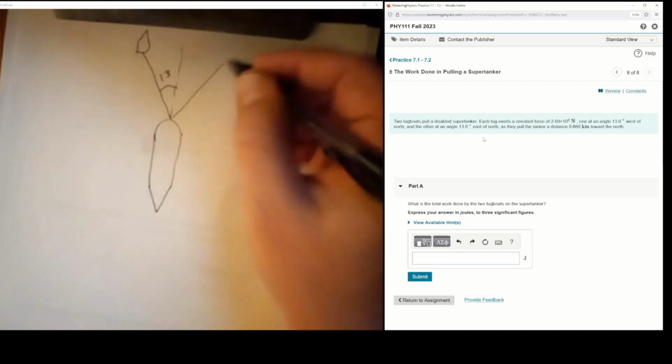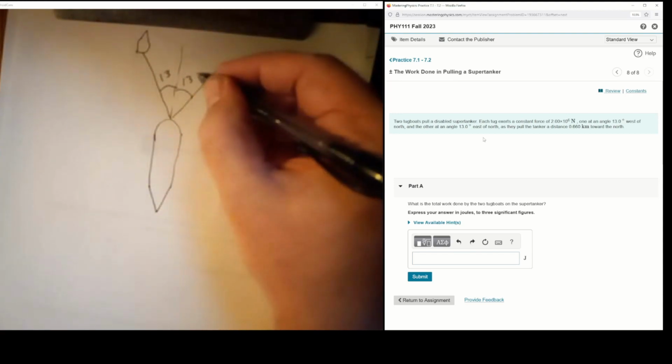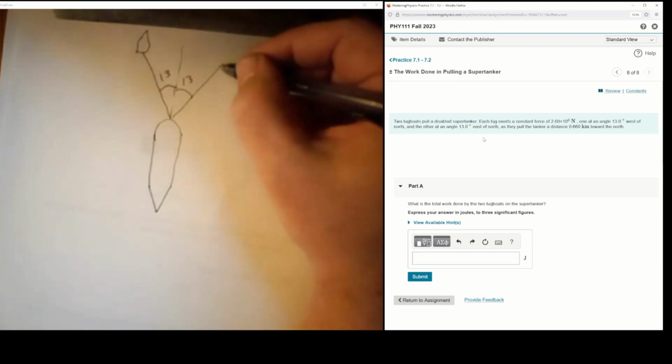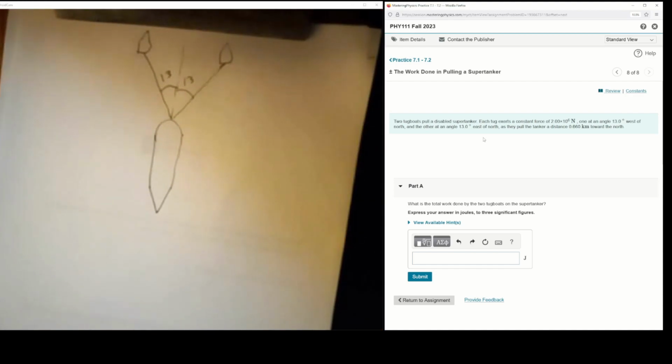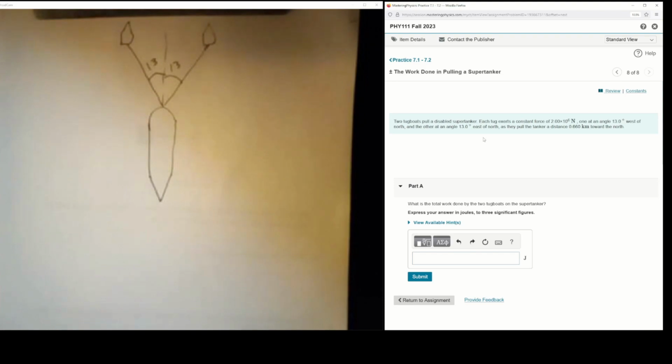Oh, so it's symmetric here. So there's our other tugboat pulling it, both pulling at 13 degrees. And in part A it wants to know, what is the total work done by the 2 tugboats?